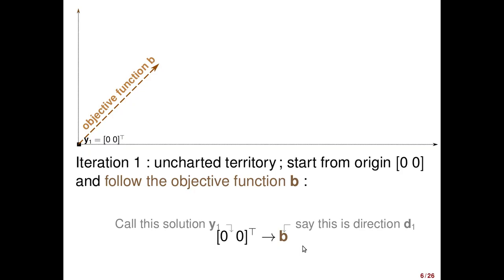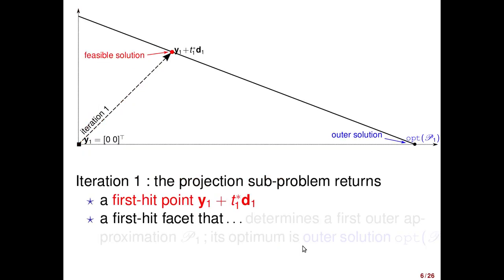And if I fire a bullet, it will stop at some point that I will call a first hit point. Y1 is the first starting point, if you want. D1 is the first direction here, the objective function. And the bullet will stop here.